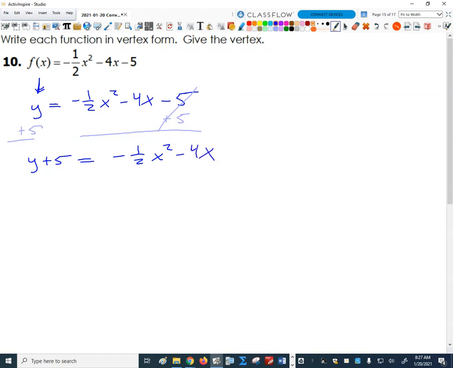Okay, now what? Now I've got to turn this into an x squared plus something, which means I have to undo multiplying by negative 1/2. Well, I undo multiplying by negative 1/2 by dividing both sides by negative 1/2, but we don't divide by fractions. We just multiply by reciprocals, don't we? So I'm just going to distribute a negative 2 through both sides.